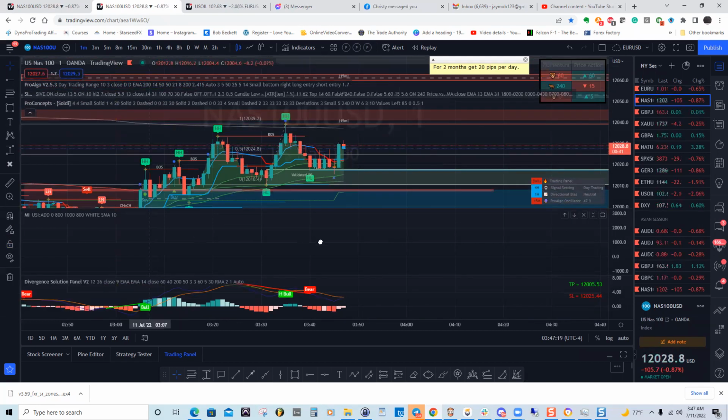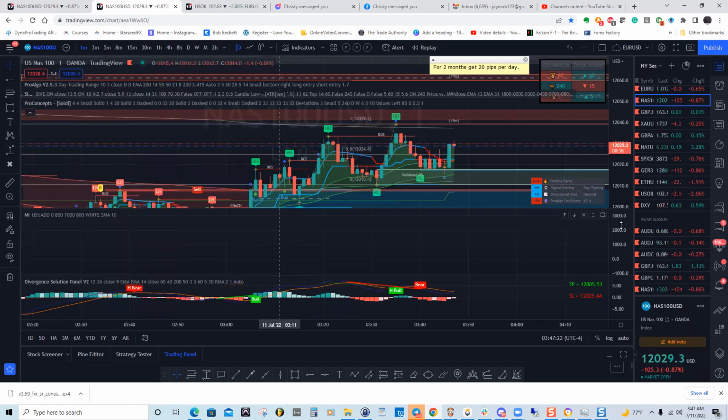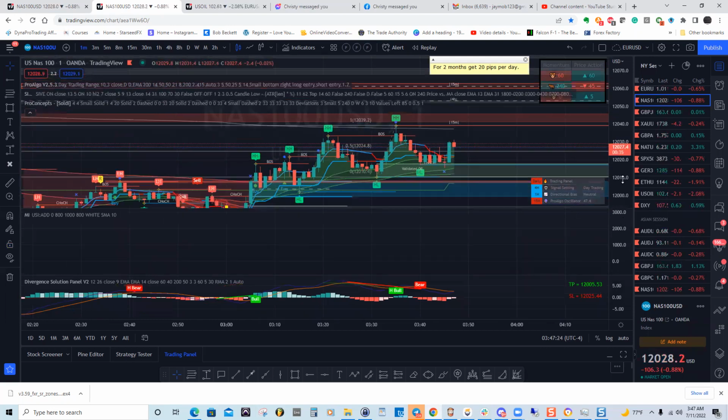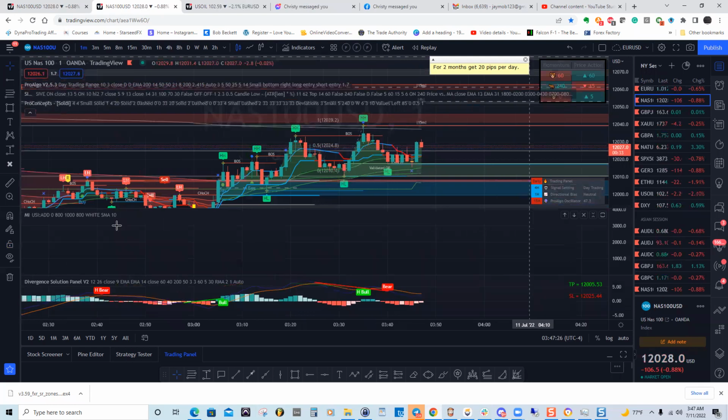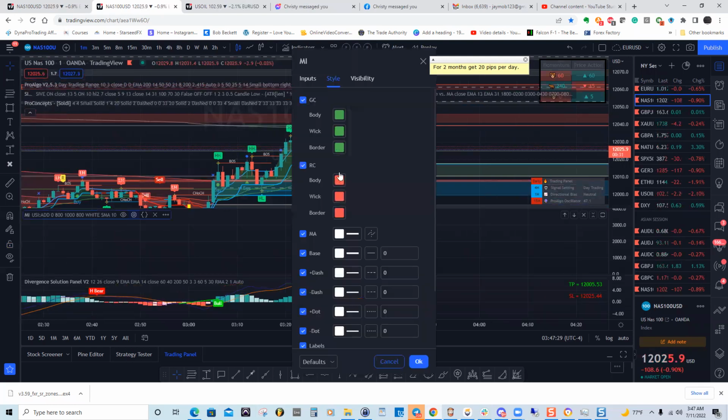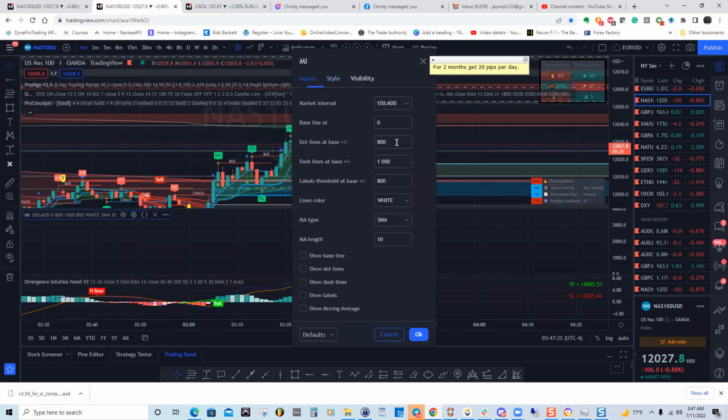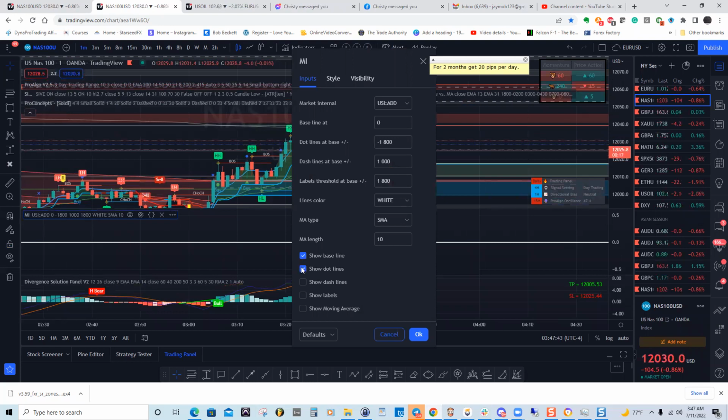All right, so I'm looking at, let's see, what do we have here? ADD. I want to draw on my values here, right? But so negative 1800. 1800 here, right? 1800. Show baseline. Show dotted lines.